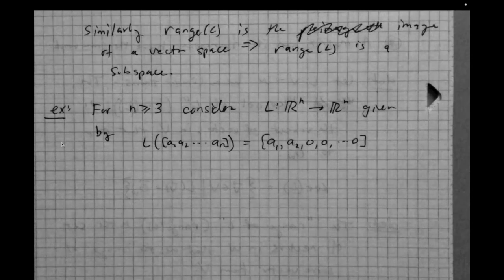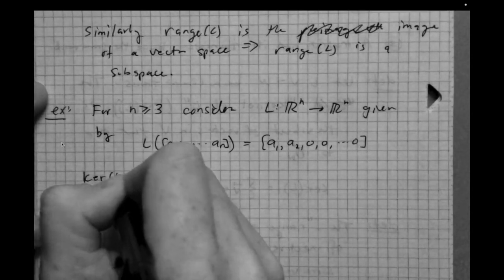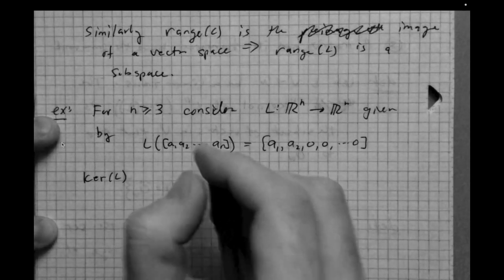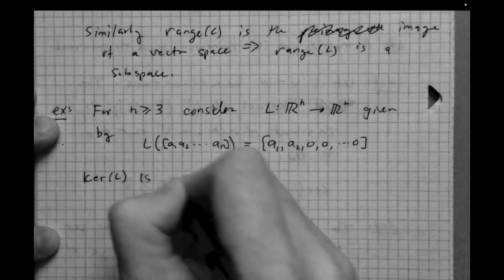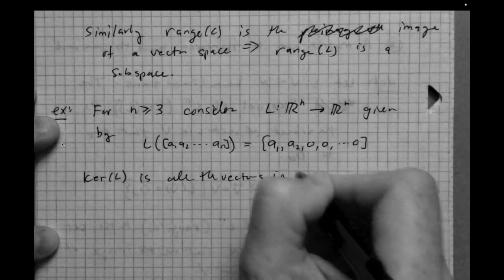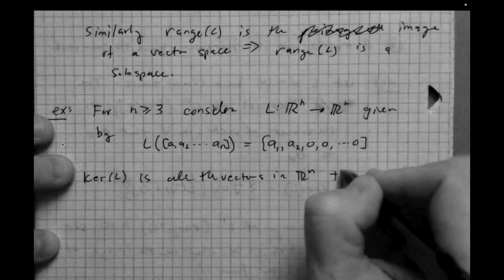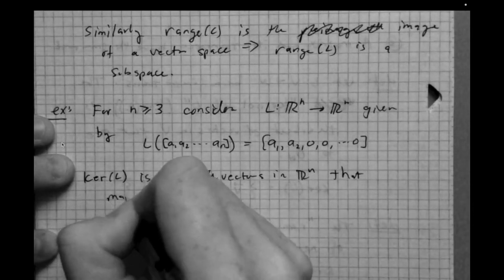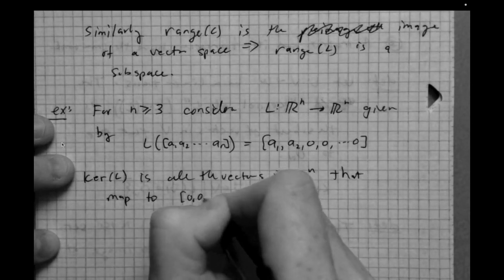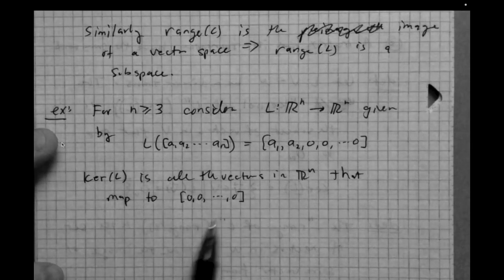Okay, and so what is the kernel here? The kernel of L is all the vectors in Rn that map to the zero vector. This is obviously an n-vector. What does that look like? Well, there's not just one.